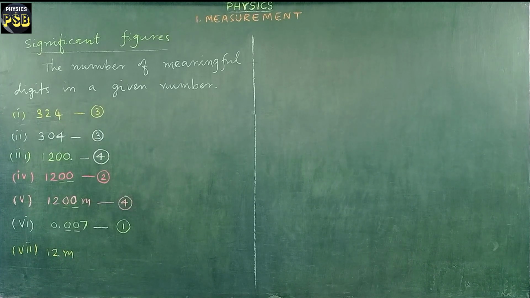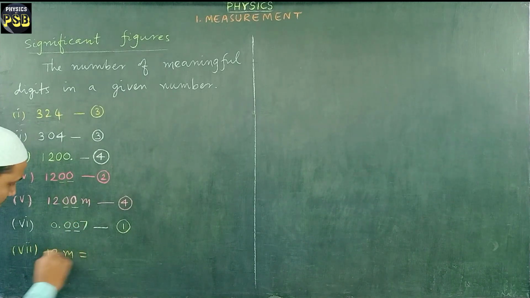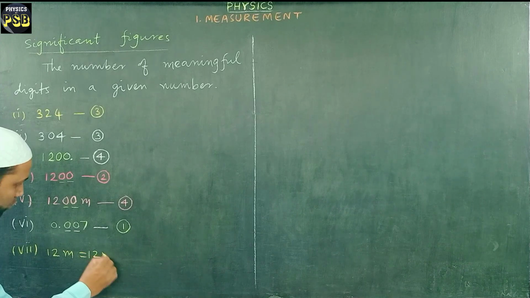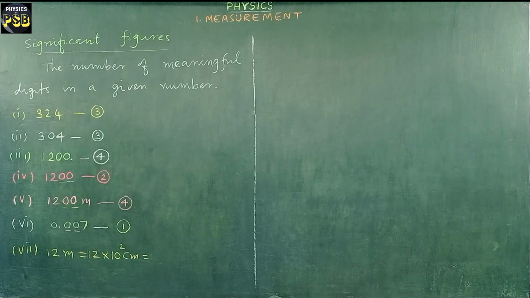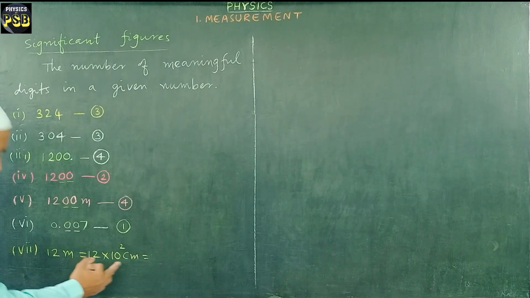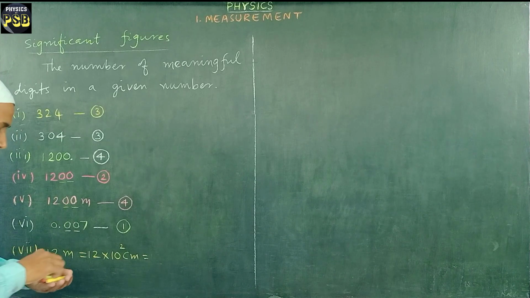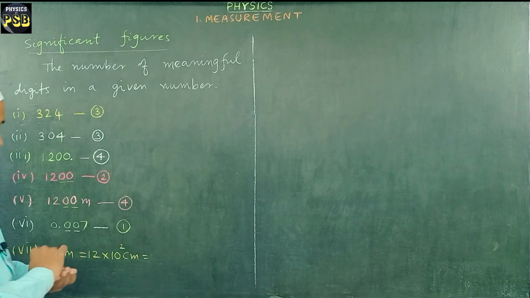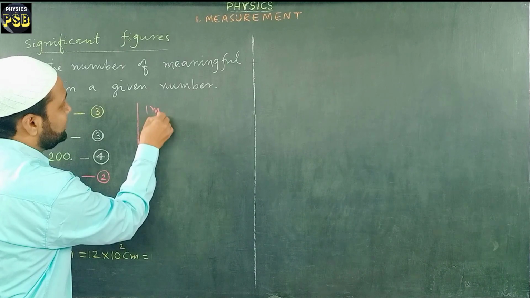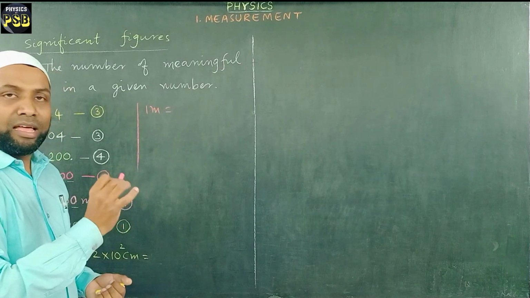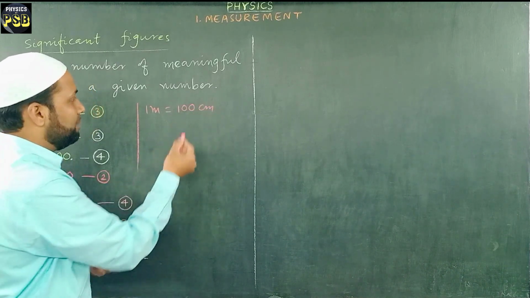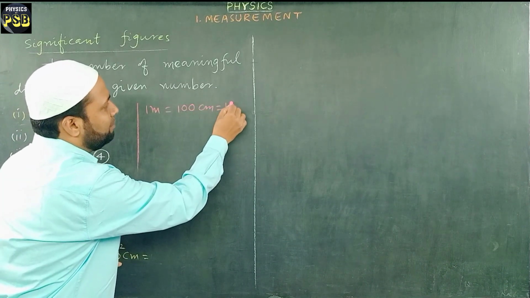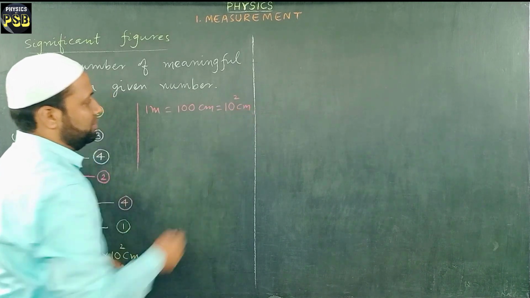Now if I convert this into centimeter, then 12 meter can be written as 12 into 10 power 2 centimeter. How is this value obtained? Let me elaborate. Here 1 meter has 100 centimeter. Here 100 can be written as 10 power 2 centimeter.